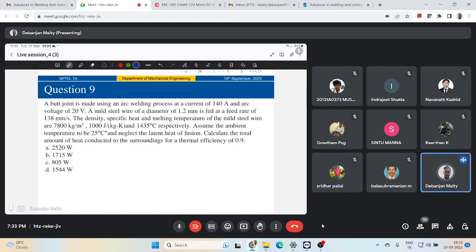Then your density, specific heat, melting temperature, those things are provided. Then ambient temperature is also given. And it is mentioned over here that you can neglect the latent heat of fusion effect, and we need to calculate the total amount of heat that is conducted to the surrounding for a thermal efficiency of 0.9.